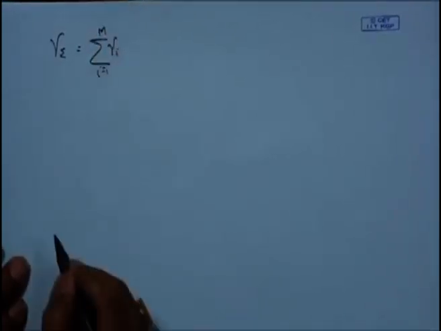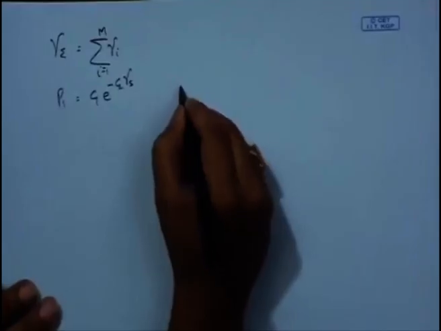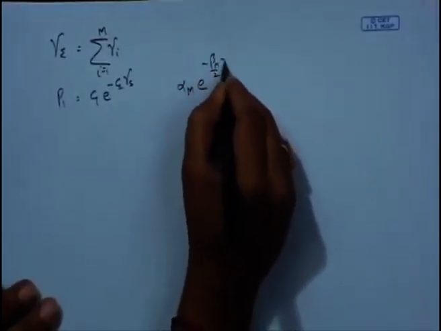Gamma sigma is basically the summation over i equals 1 to m of gamma i, and the PS expression, of course, we take the same PS expression, C1 e to the power of minus C2 gamma S, or gamma sigma, whatever it is, and so what we have taken is basically alpha m e to the power of minus beta m by 2 gamma.